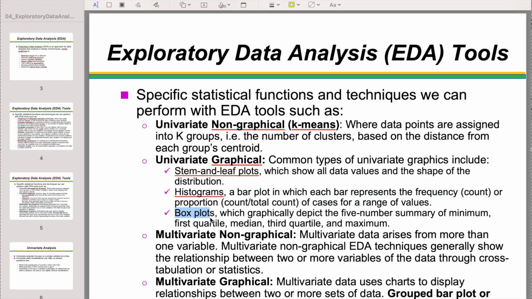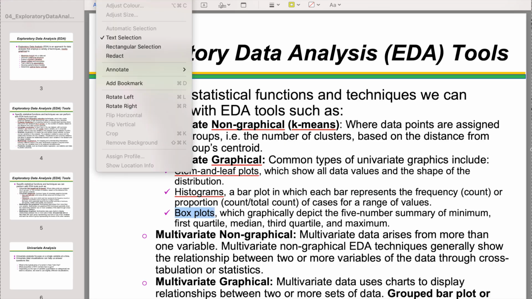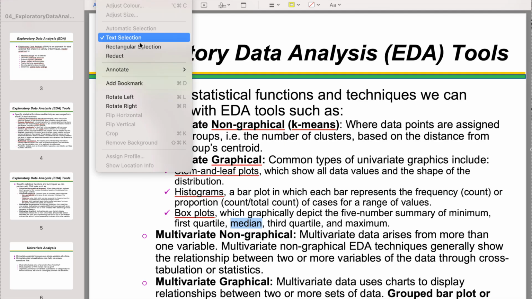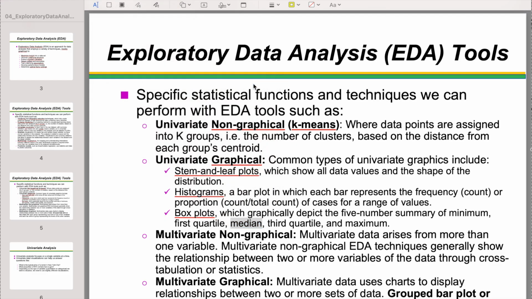And then we can use box plots. That's a visualization that will include a median, as well as minimum and maximum values, and a few other critical points in between them.